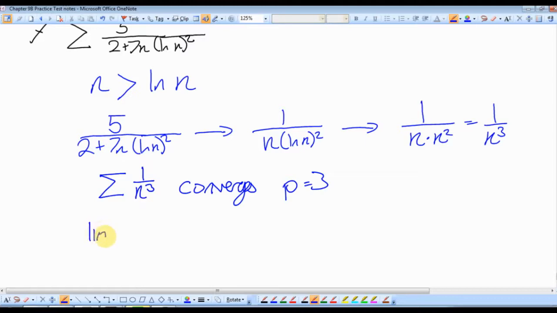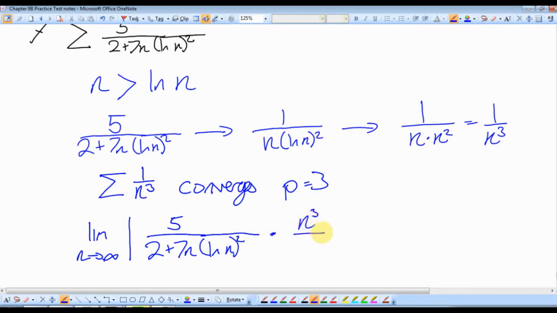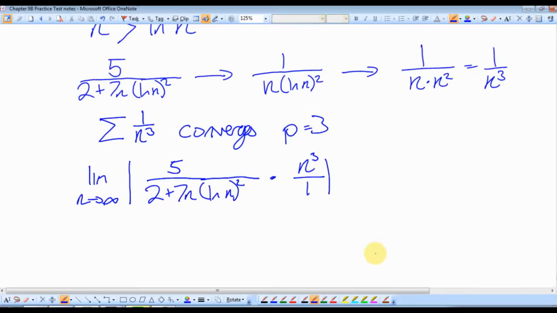We're going to take a limit as n approaches infinity of 5 over 2 plus 7n natural log of n squared times n cubed over 1. That's gross, this is not a fun thing to do. Limit as n approaches infinity of 5n cubed over 2 plus 7n natural log of n squared.